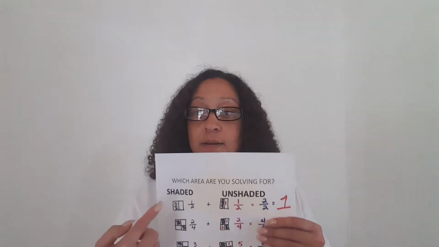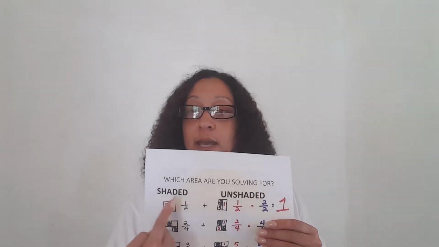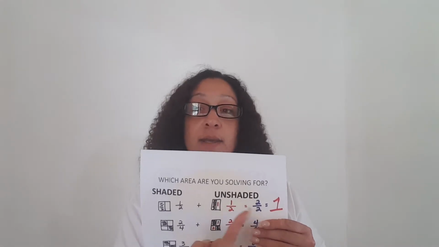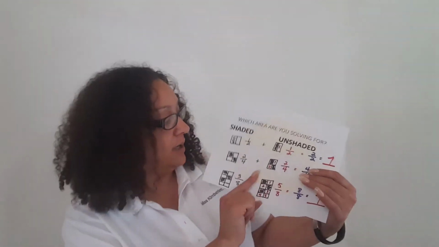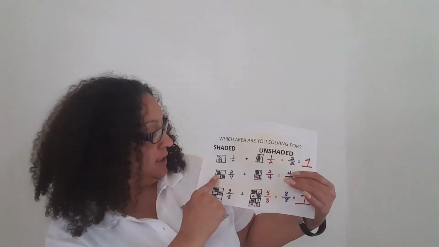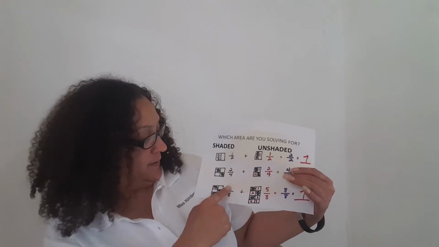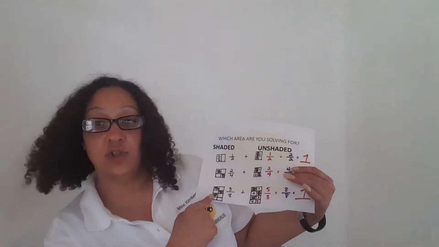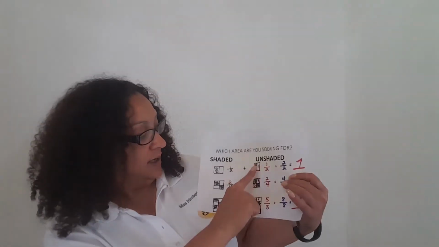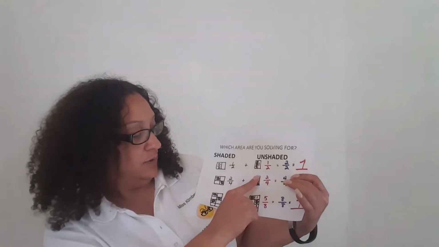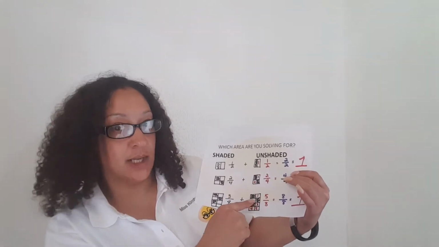The first thing you need to figure out is, what are you solving for? Some teachers may want to know the shaded area. Some may want to know what the area is unshaded. So here I have 1/2 shaded, right? The shaded area, 2/4, 3, 1, 2, 3 shaded areas. And then here I have the red numbers in the unshaded parts.